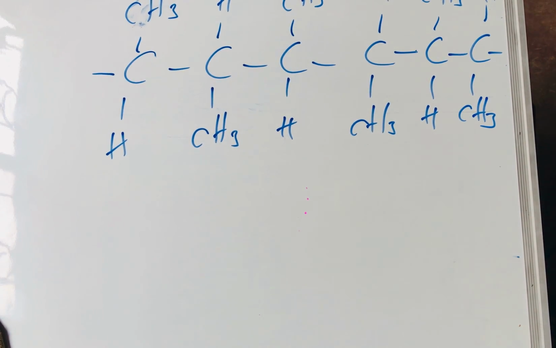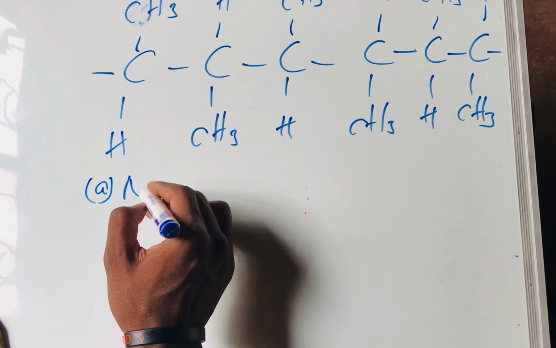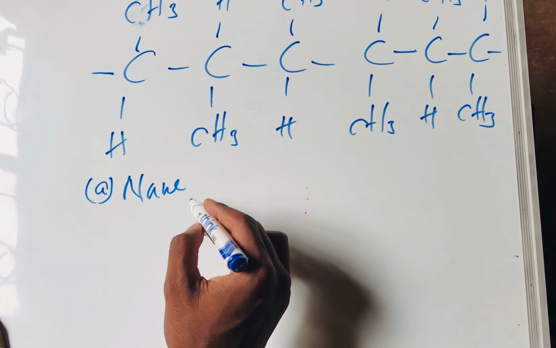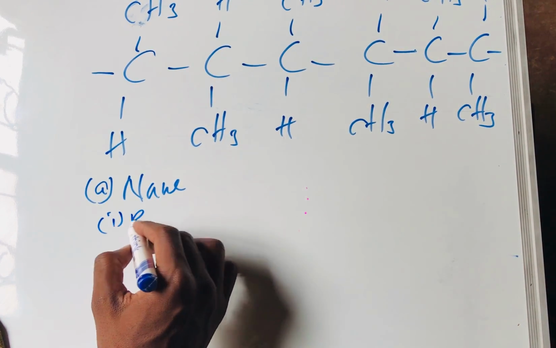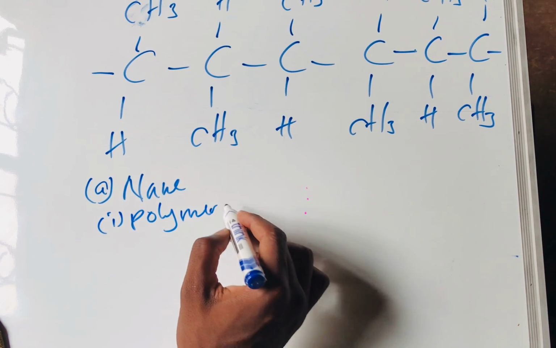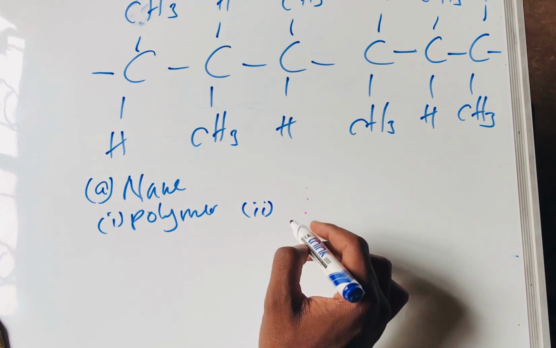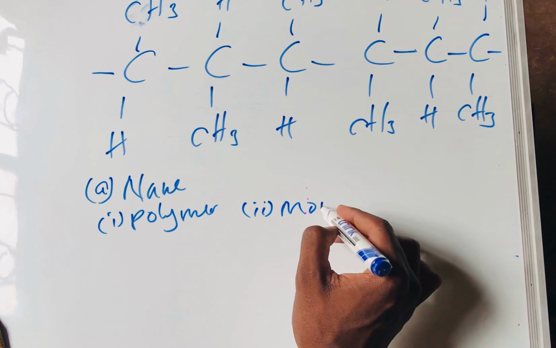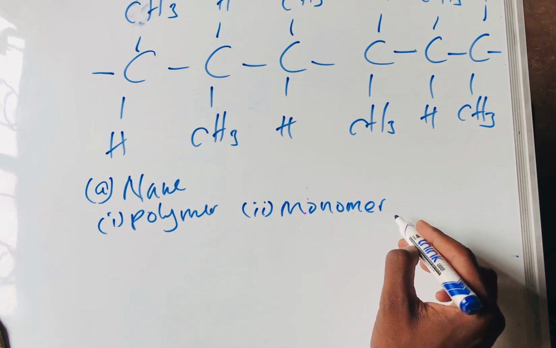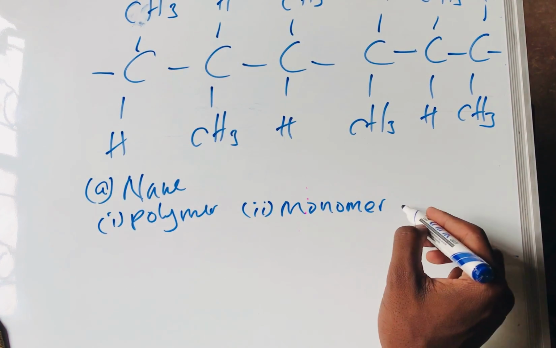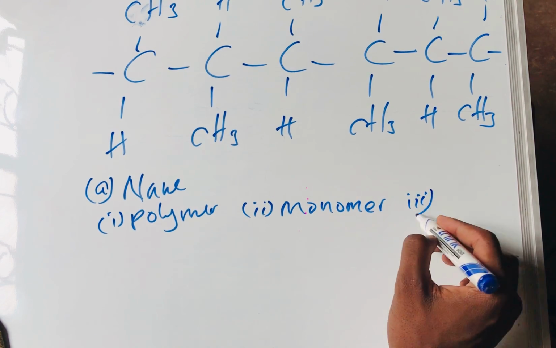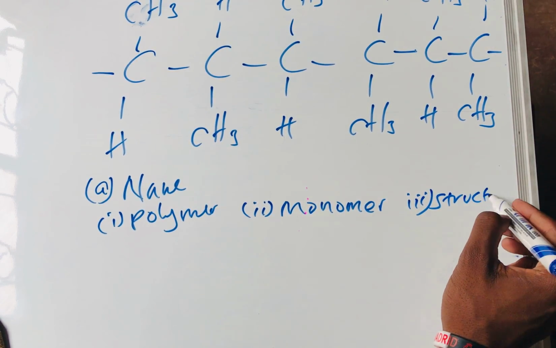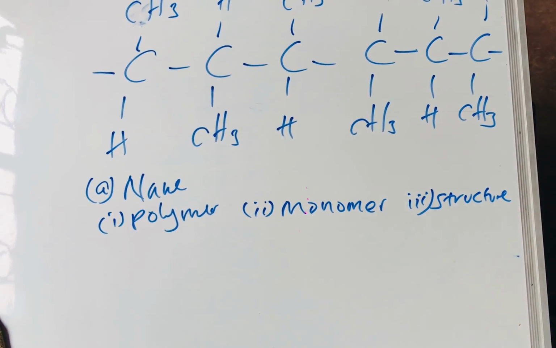All right. The first question, name the polymer. Number 2, I want you to give me the name of the monomer. And then we also want to know the structure of the monomer.